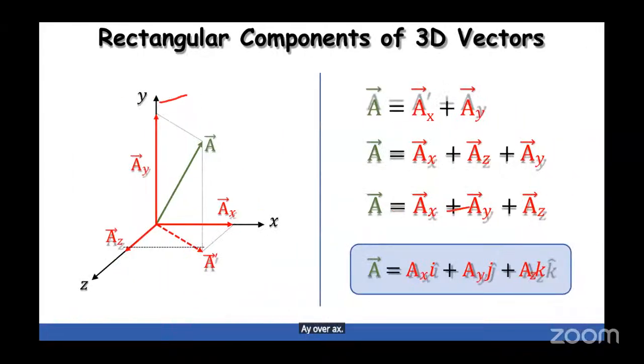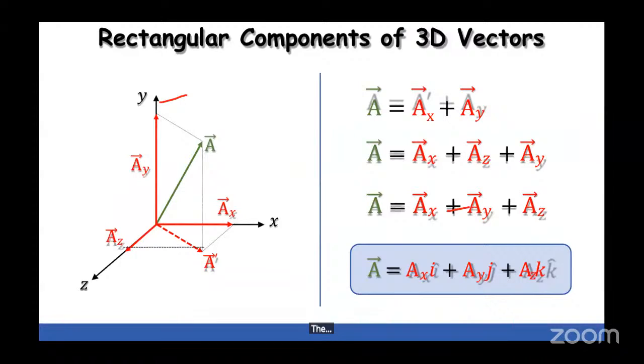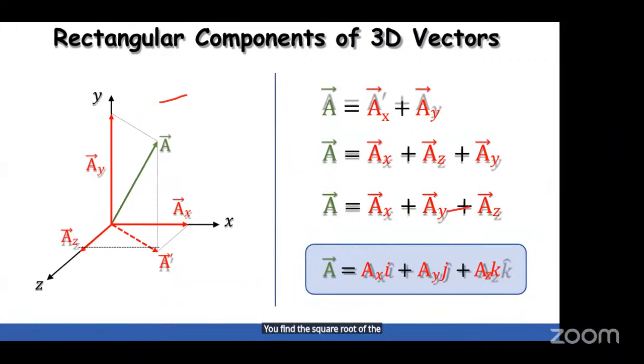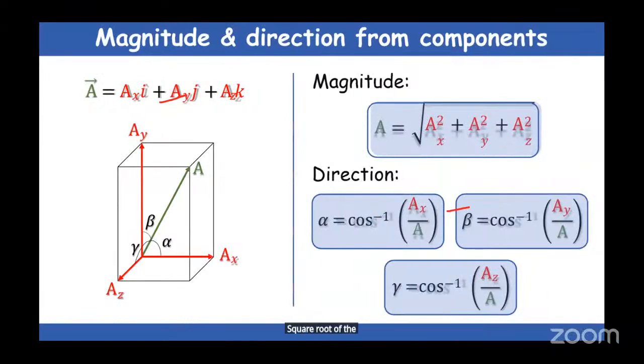Now, for 3 dimensions, we add the Z component: Ax plus Ay plus Az. To find the magnitude of 3D vectors is still the same Pythagoras theorem method. You find the square root of the squares of each of the components.